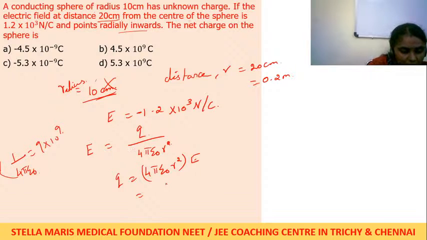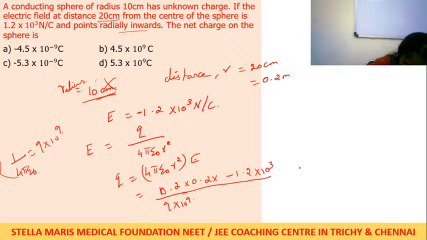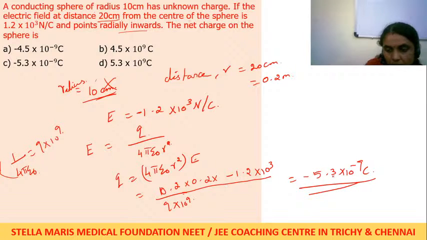So we have to write 1 by 9 into 10 power 9, for R squared, 0.2 into 0.2, for electric field, minus 1.2 into 10 cube. When we solve this, we get the answer minus 5.3 into 10 power minus 9 coulomb. So the answer for this question is minus 5.3 into 10 power minus 9 coulomb.